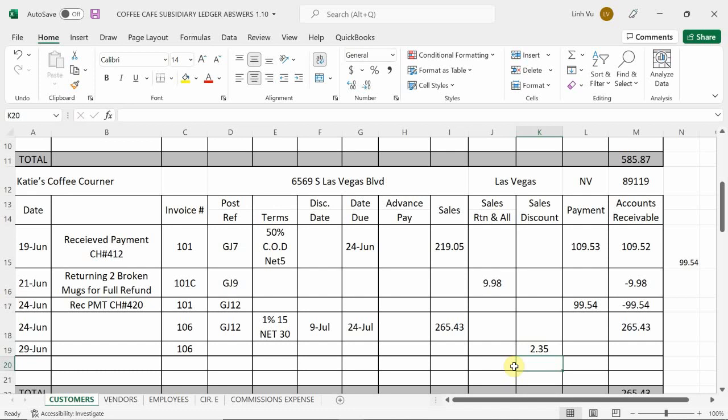If you take off the $30 freight, you're going to be left with $235.43.